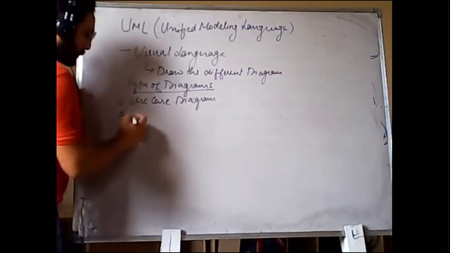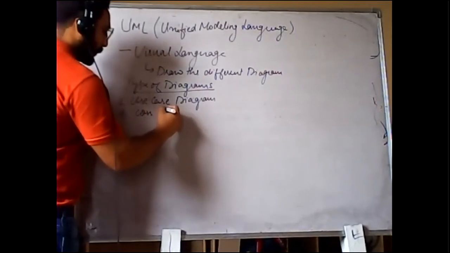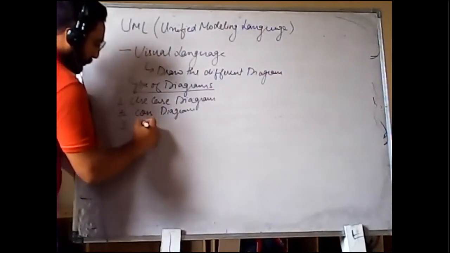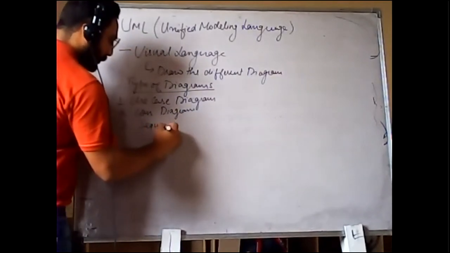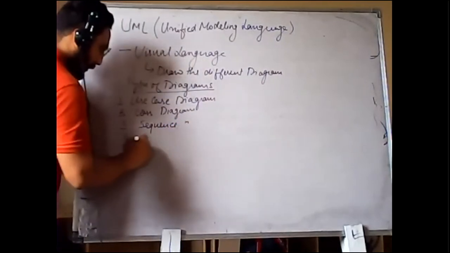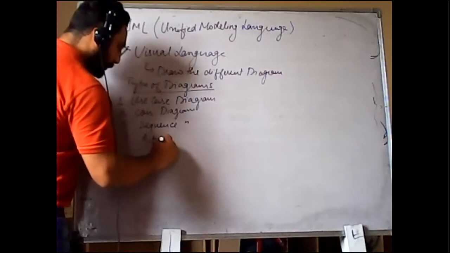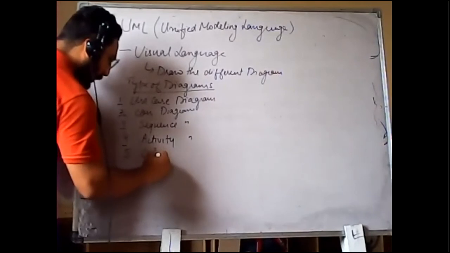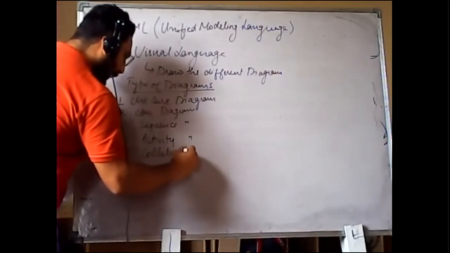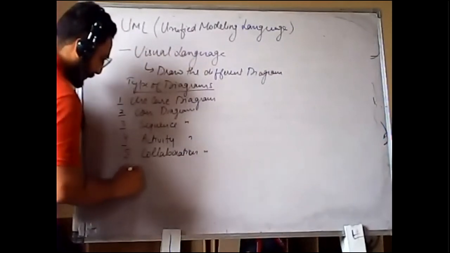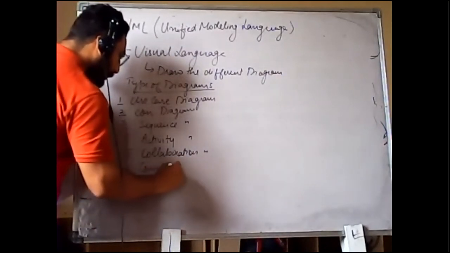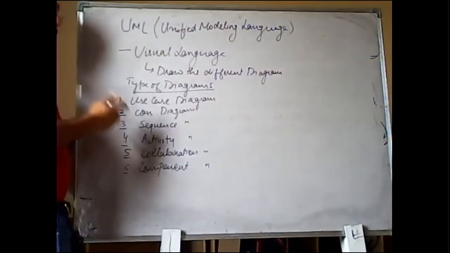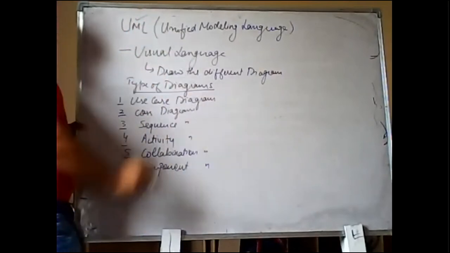First is the use case diagram, second is the class diagram, third is the sequence diagram, fourth is the activity diagram, fifth is the collaboration diagram, and last is the component diagram. These are the diagrams that we will design using the concept of UML.